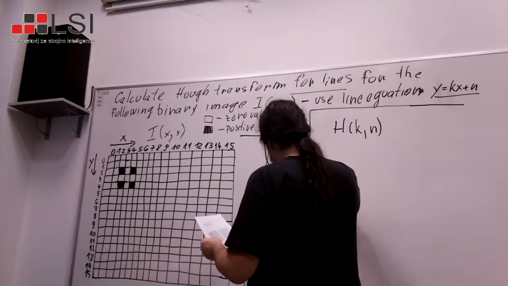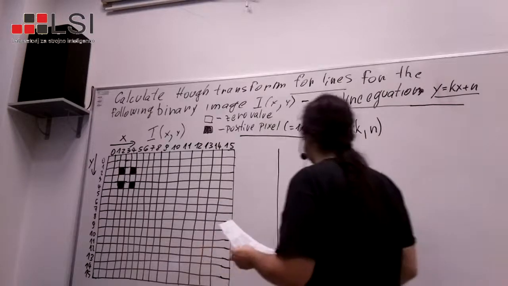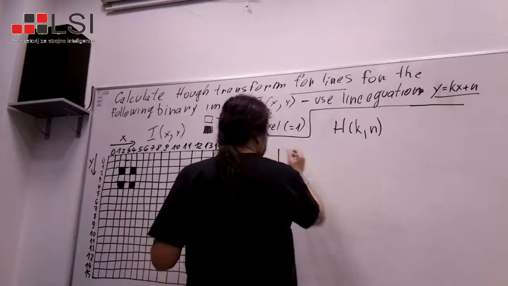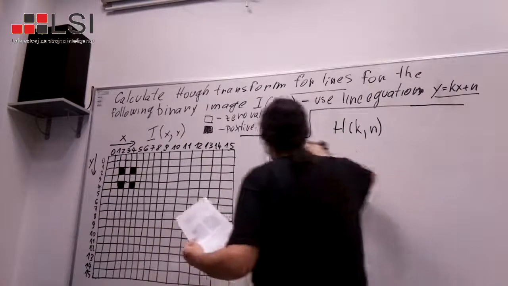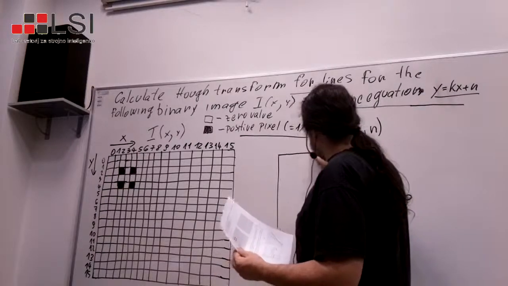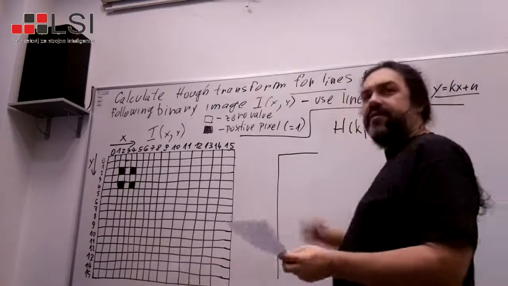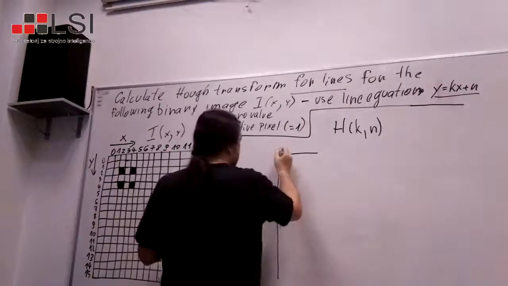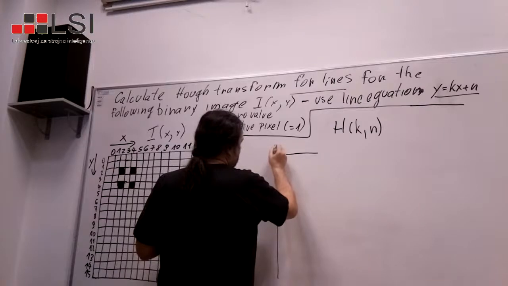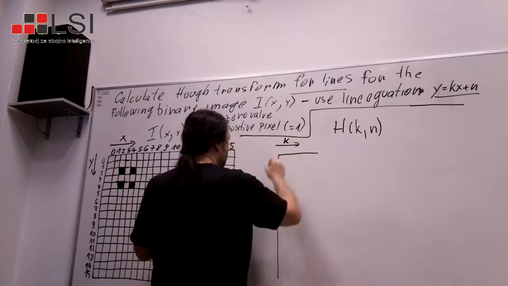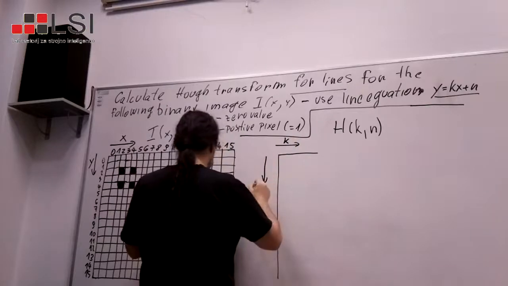This would be more difficult, but I'll try to draw it. And we will have two axes. This is something that you already have in the task. So here it will be K, and here it will be N.